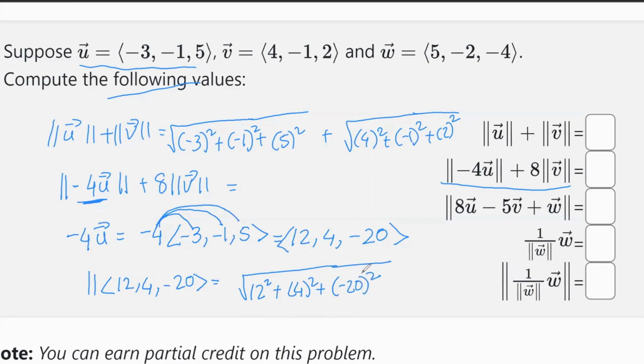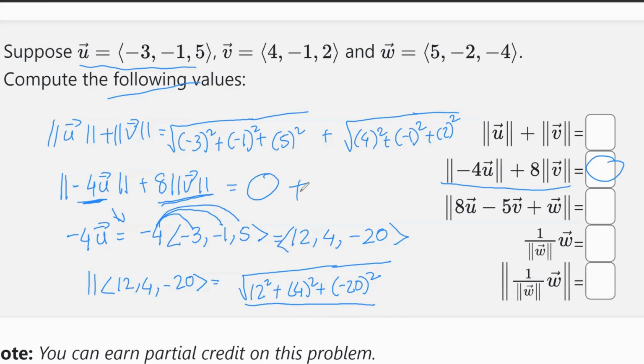On your calculator, when you put -20 squared, always remember to put -20 inside the parentheses, and then square it, or else you might get a negative number and you cannot take the square root of a negative number. Then you solve this and put the answer here.